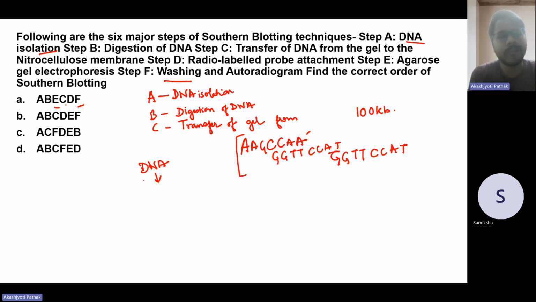You can wash your membrane to remove non-specific binding, but if your DNA is trapped in the gel, how will you wash it? That is not possible. And there will be multiple DNA sequences to which your probe will bind. So that is also another issue.